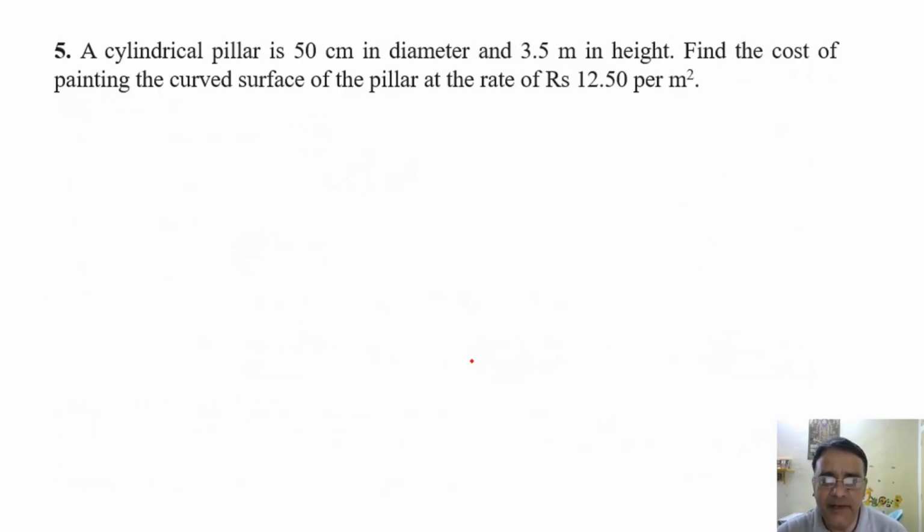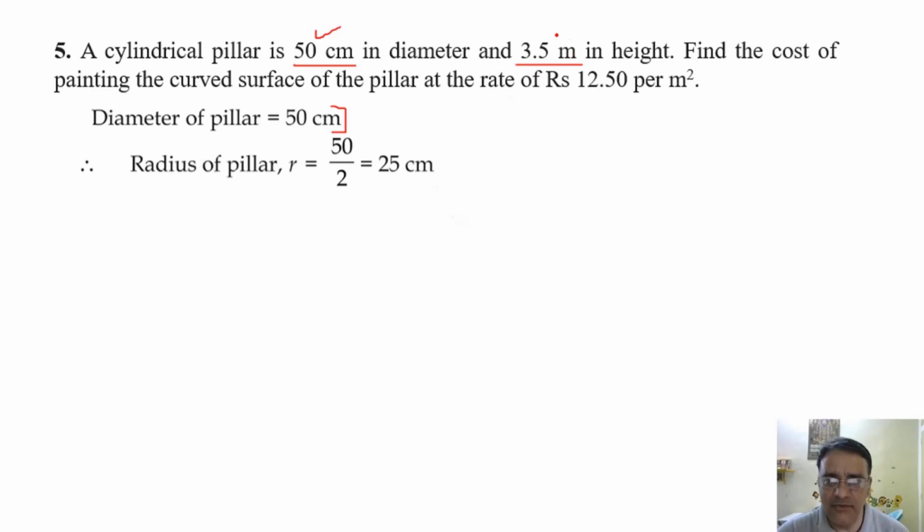A cylindrical pillar. Look, cylindrical pillar. The diameter is given 50 centimeter and the height is given 3.5 meter. Find the cost of painting the curved surface of the pillar at the rate of rupees 12.50 per meter square. So diameter is given 50 centimeter, so what is the radius? 25.